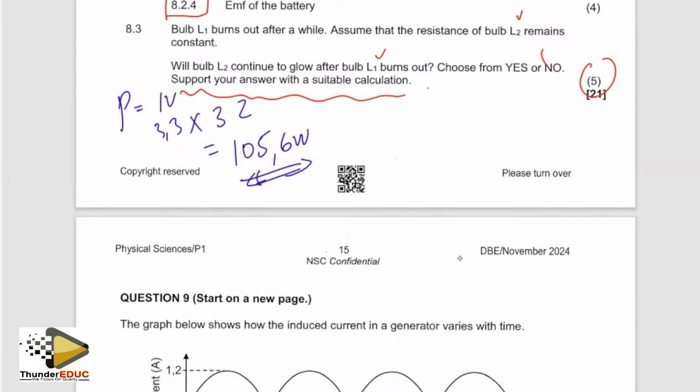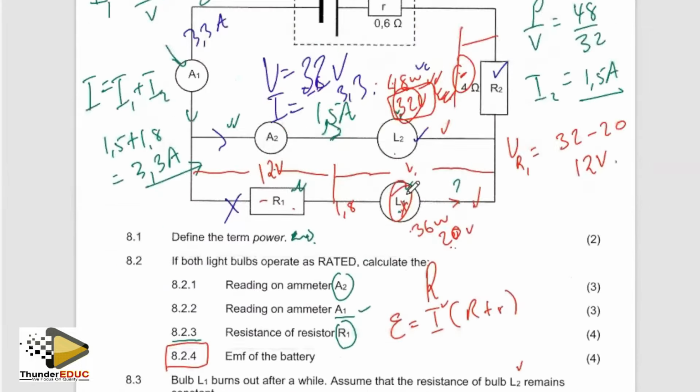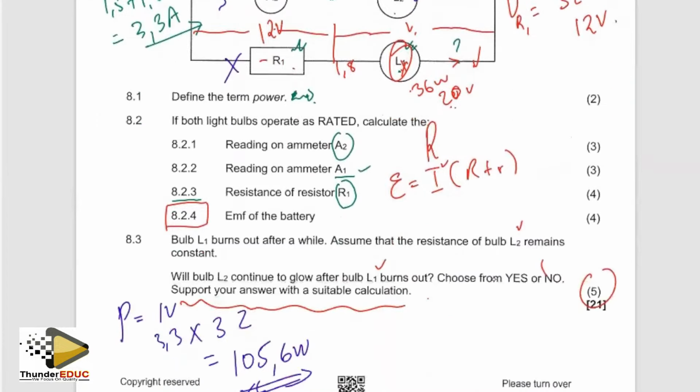This is the power that will now be generated within that bulb, yet the rating of the bulb is 48 watts. Will the bulb continue to glow?